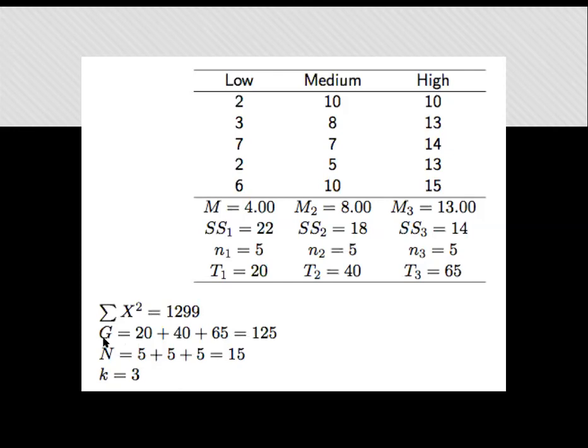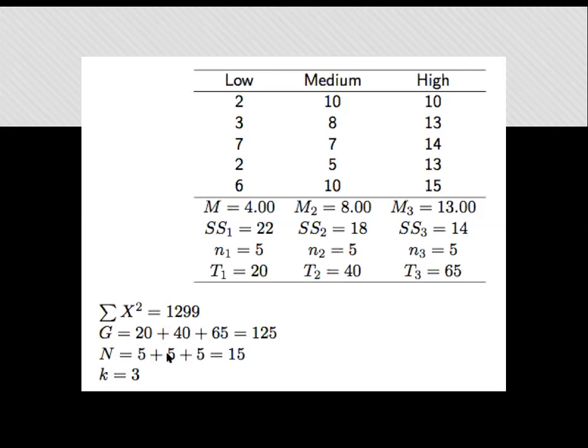So G, you'll recall G kind of goes with T, right? G is the grand total, you can think of it, of all the scores. And so we're going to add T1, which we said is 20, T2, which is 40, and T3, which is 65, and get a G value of 125. Big N is little n plus little n plus little n.